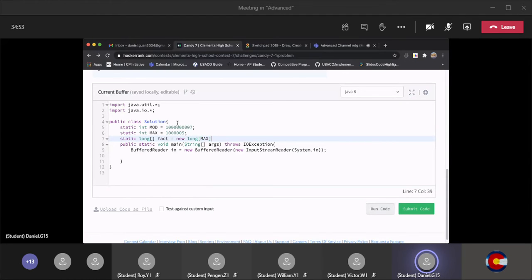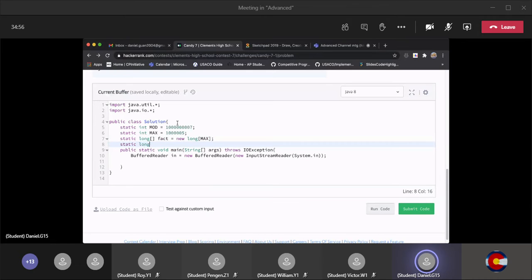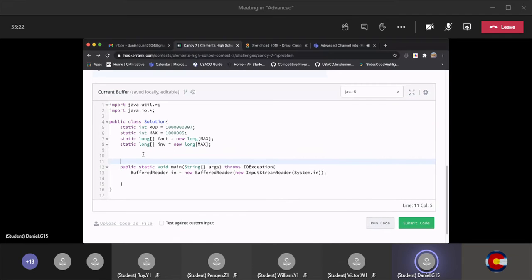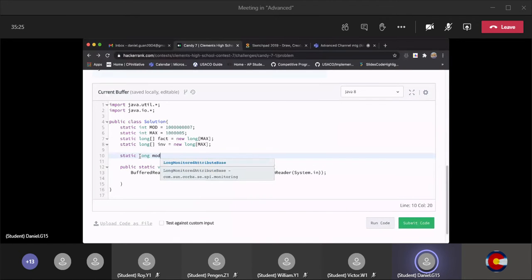And finally, inverse stores at each index a the number you have to multiply by in order to invert a factorial. And in order to find the inverse array, we need to use exponentiation.